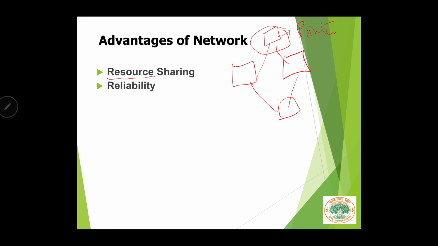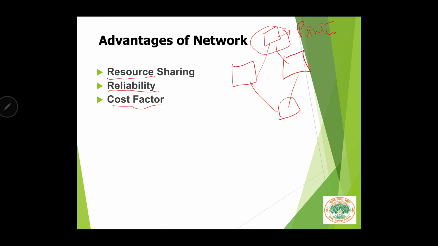The second advantage is reliability. So what do you mean by reliability? In the context of a computer network, reliability means keeping a backup of the data at several systems, so that even if one system crashes, you can carry on your work with the other systems. Third is the cost factor.